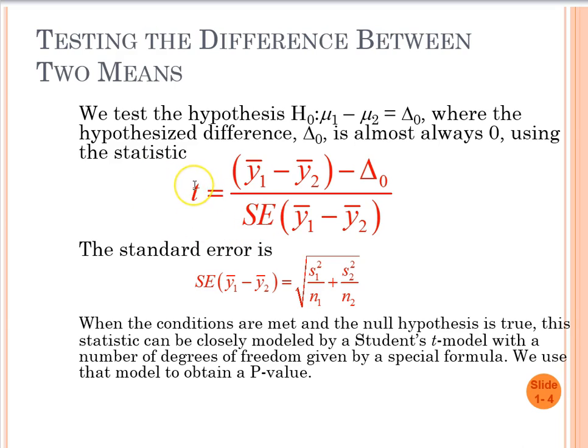To calculate the t-score, then, I'm going to use that standard error in my denominator. What goes on top, then, is my sampled difference minus my hypothesized value. And just like with the proportions test, for most of these problems, we're going to assume that there's no difference between these two groups. So this hypothesized value is almost always 0. And what you put on top is mostly just the difference between your two samples. So this is the sample average for group 1, and this is the sample average for group 2.